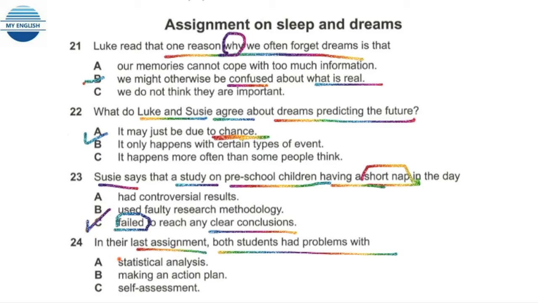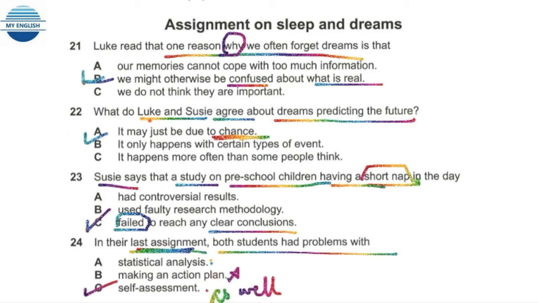Anyway, let's think about our assignment. Last time I had problems with the final stage, where we had to describe and justify how successful we thought we'd been. I struggled a bit with the action plan too. I was okay with the planning, but I got marked down for the self-assessment as well. And I had big problems with the statistical stuff. That's where I really lost marks.